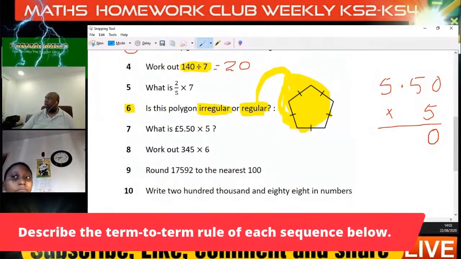Okay? What's 5 times 5? 25. So what do I do? Tell me what to do. Where do I put the 2? Put the 5. The unit. Always put the unit. Carry the tens. And then we say 5 times 5 again. 25.